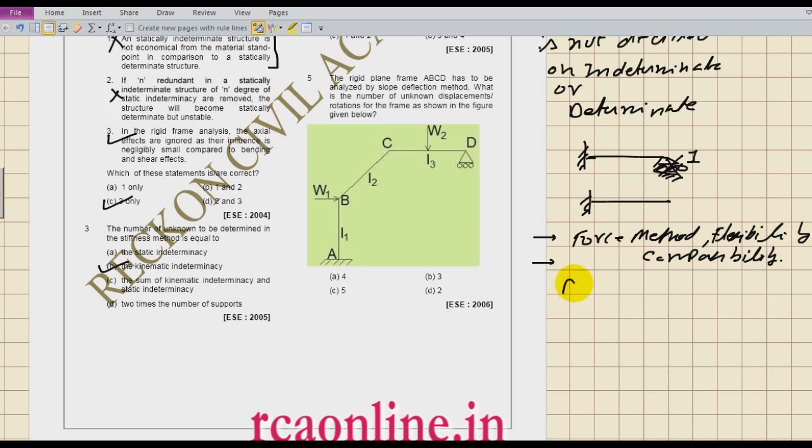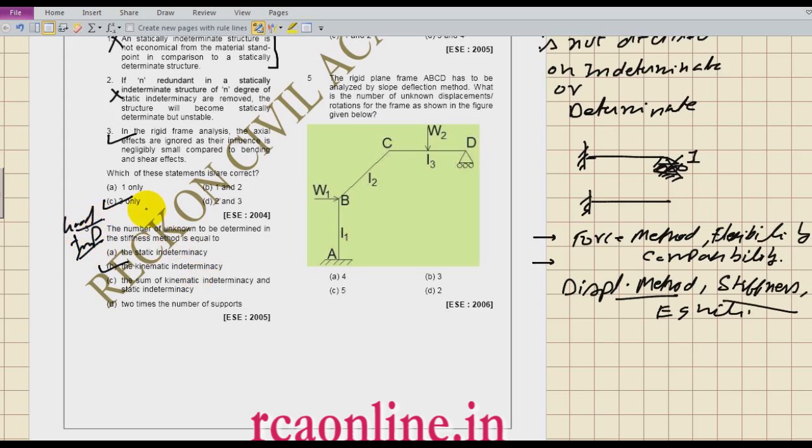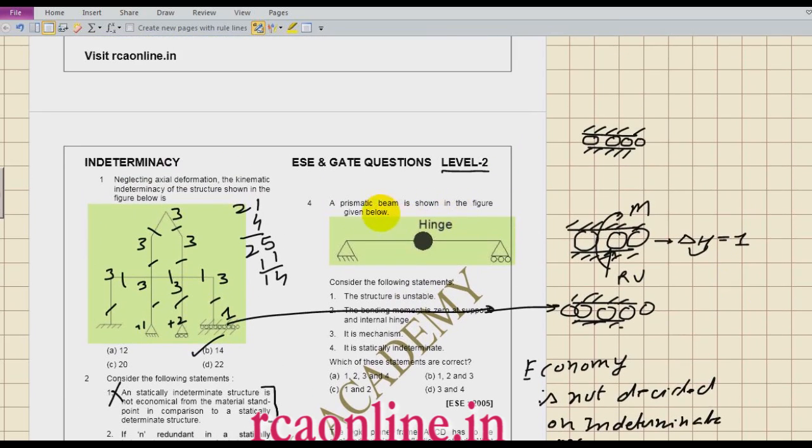And second was displacement method, which is also known as stiffness method and equilibrium method. So in the stiffness method, the unknowns are displacements. So what is the right answer? Kinematic indeterminacy. This is a good question, fundamental, but asked in a very nice way.